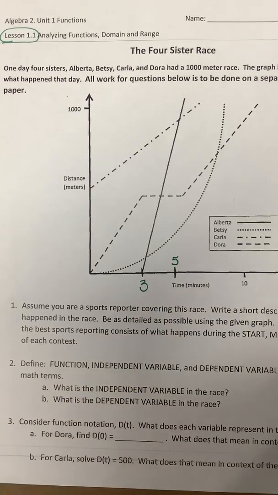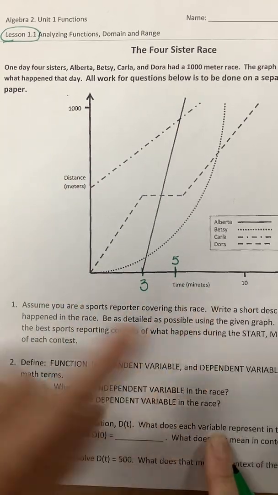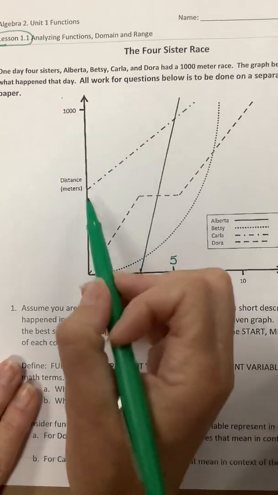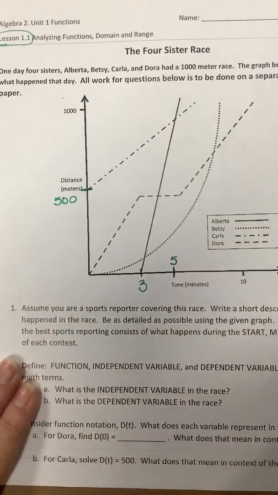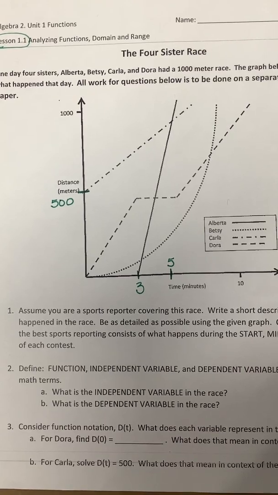You just have to do your best and use reasonable units. We've got distance depending on time. So distance of the race looks like it's going to be 1,000 meters, which maybe this sister probably starts out at about 500 meters or so. Again, just using logical points as you go through.